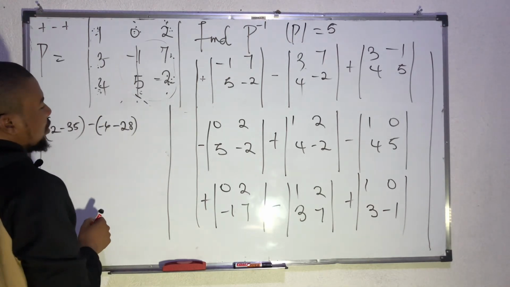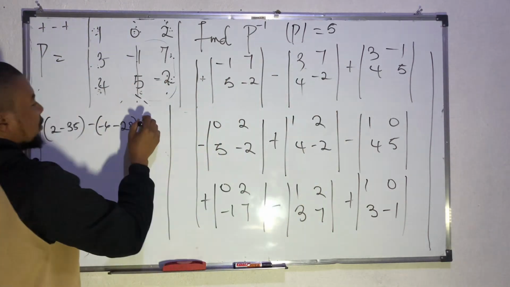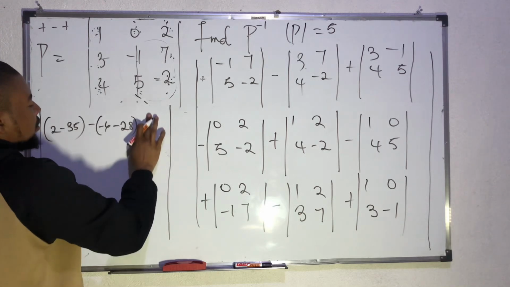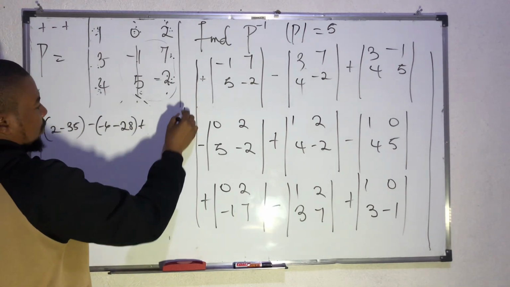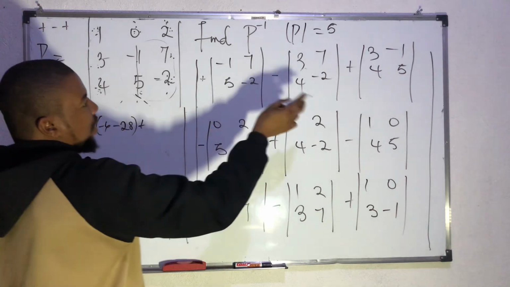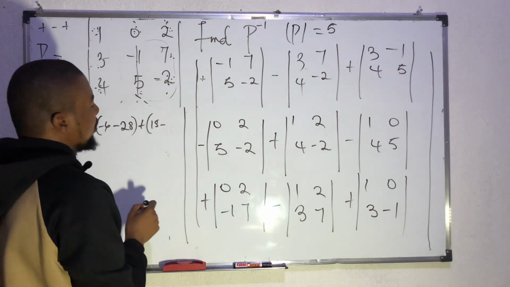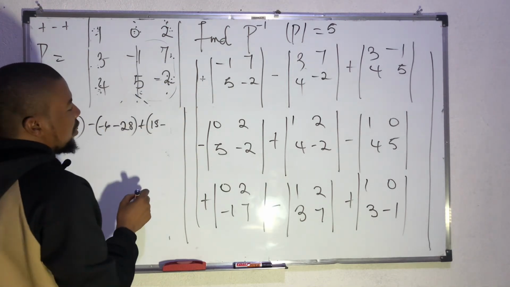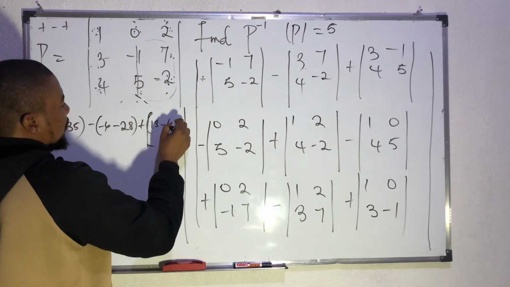And for the last one, we have 5 times 3, I'm going to put the plus here. 5 times 3 gives us a 15, minus 4 multiplied by 1 gives us a negative 4. Therefore, we have negative 4.